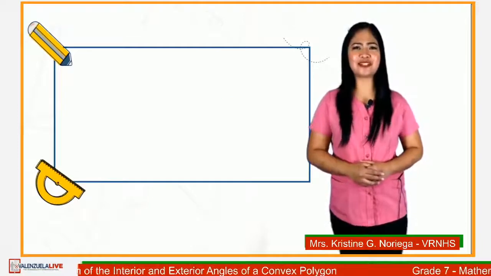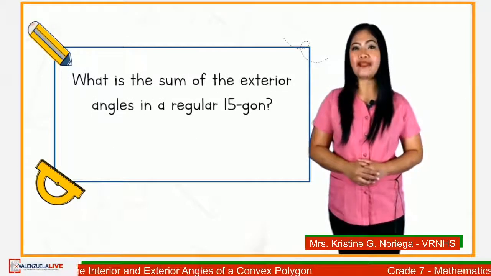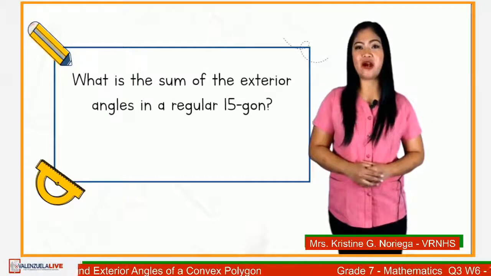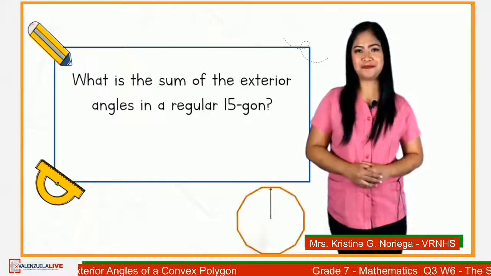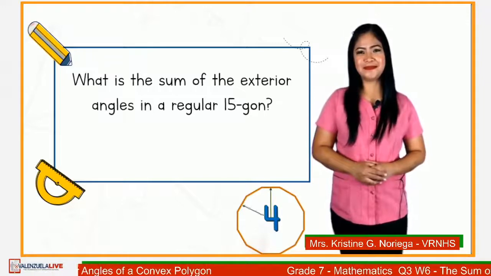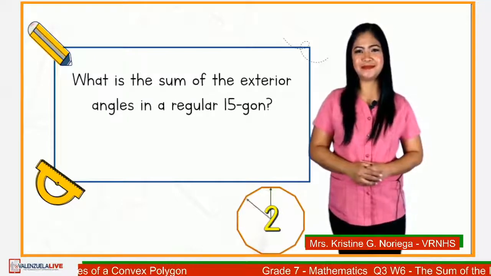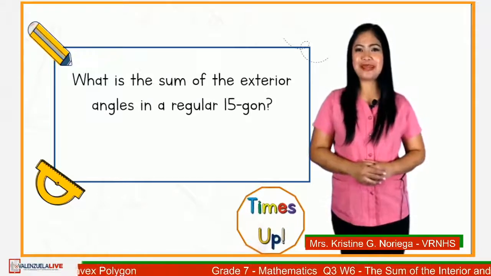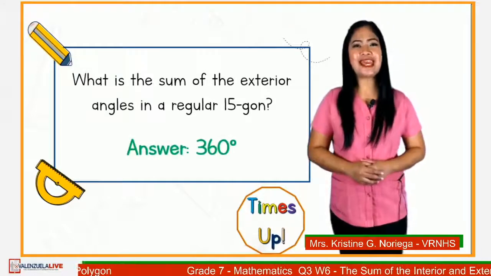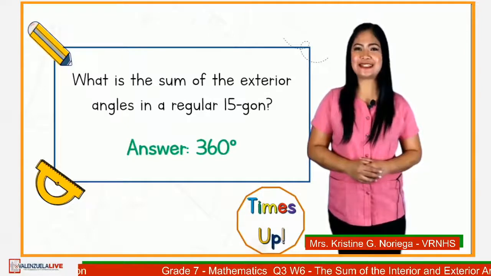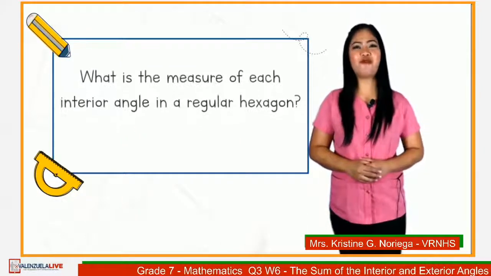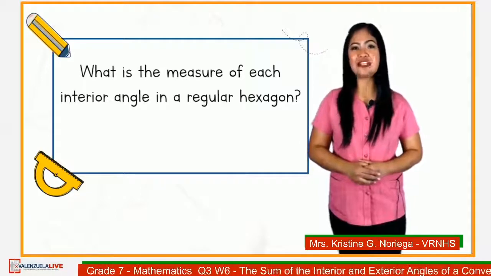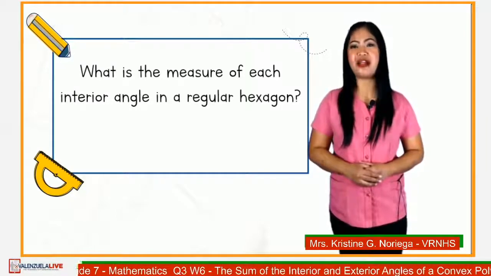For our next question, what is the sum of the exterior angles in a regular 15-gon? Time's up. The answer is 360 degrees. For the fourth question, what is the measure of each angle in a regular hexagon?